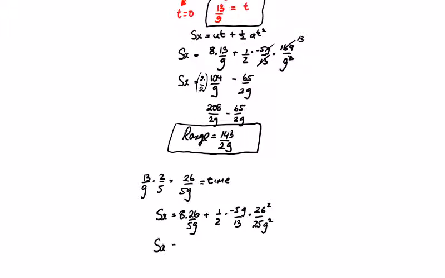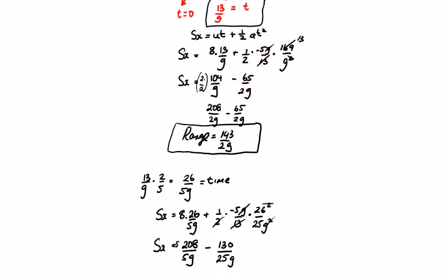So what does this become? 8 times 26 is 208 over 5g, and then it's going to be minus 2 by 13 is 26, which will cancel with the square. So we're left with 5 26s, 130 on top, and on the bottom I can cancel the g with one of the g's, we're left with 25g.